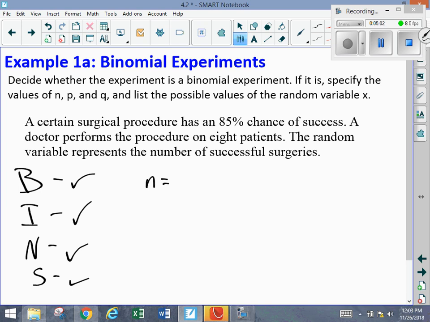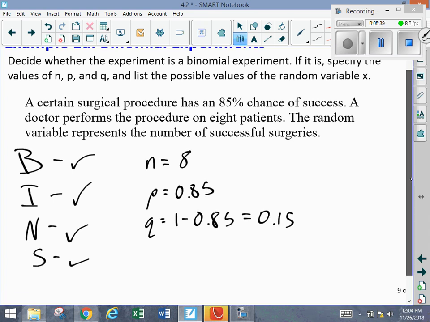N is the number of trials, which is 8. P is the probability of success, 85%, which we express as a decimal, 0.85. Q is the probability that it's not successful, which is 1 minus the probability that it is successful, the complement, or 0.15.